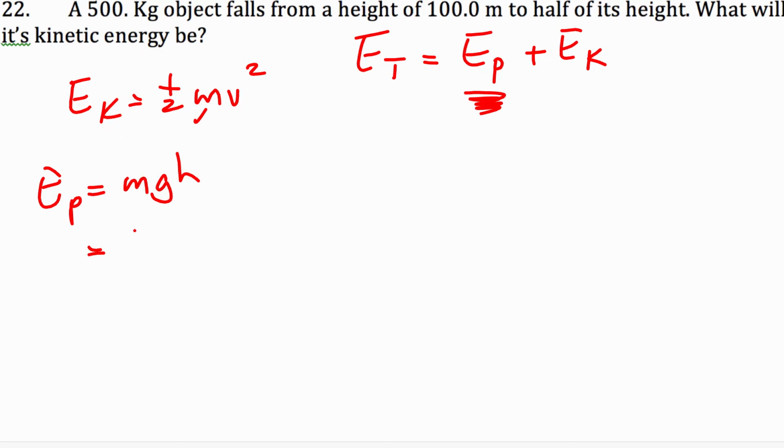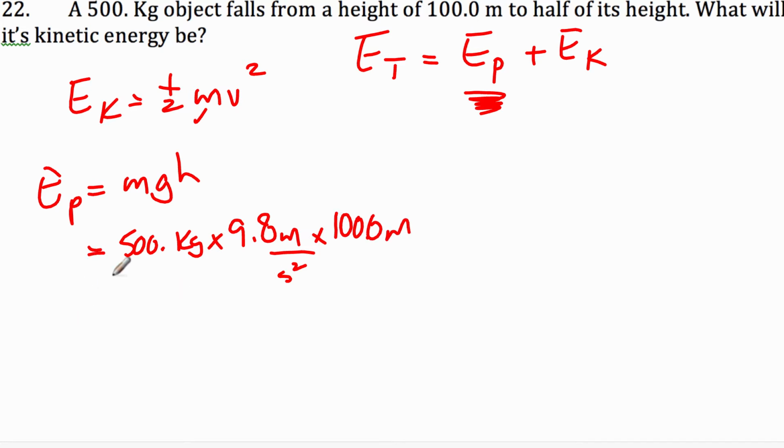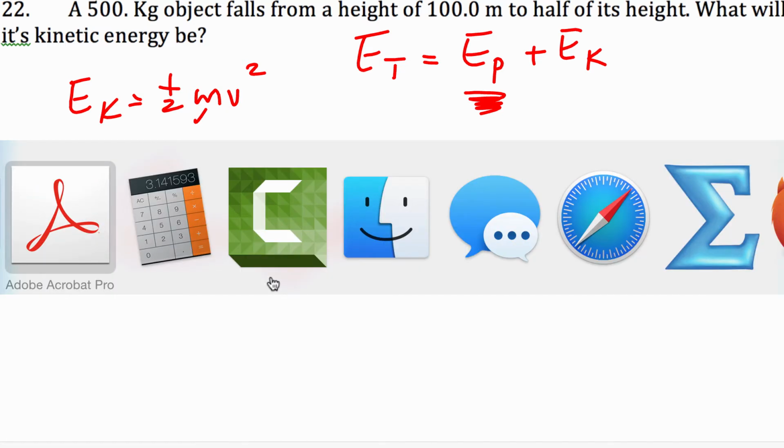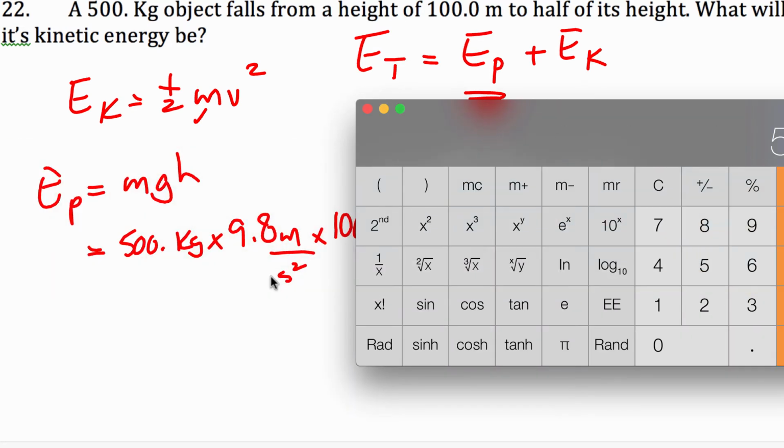So the mass is 500 kilograms, times gravity, 9.8 meters per second squared, times the height, 100 meters. Okay, if I multiply all that stuff out, 500 times 9.8 times 100.